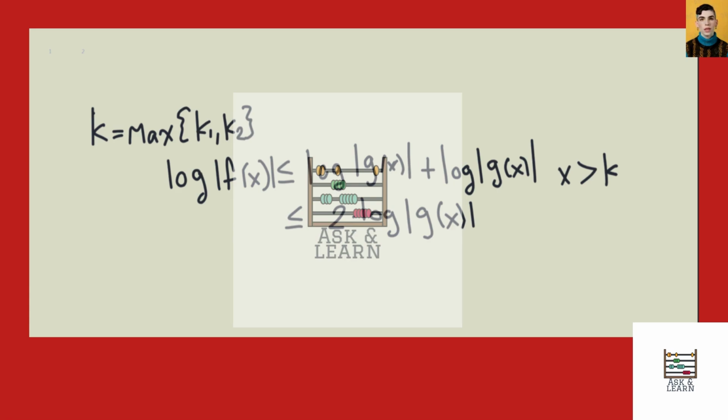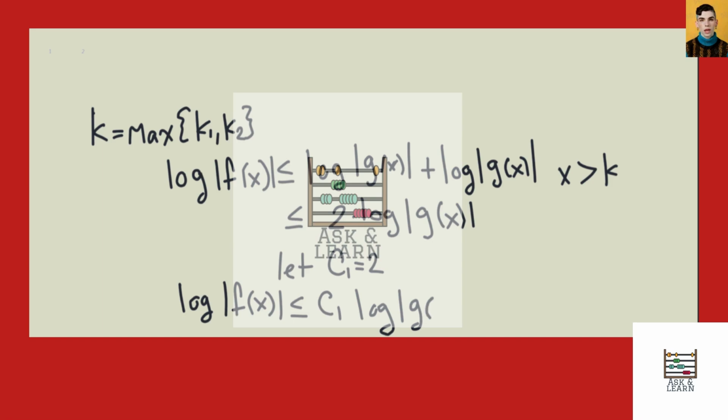Well, if we just let c1 equal 2, then we get the log of the absolute value of f of x is less than or equal to c1 times the log of g of x, absolute value, when x is greater than k, which is exactly what we wanted to show, right?